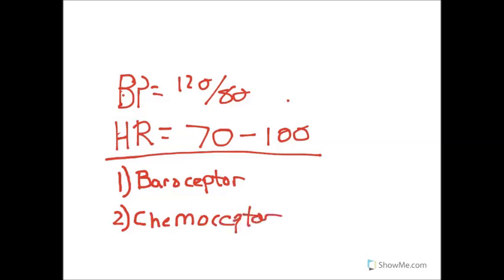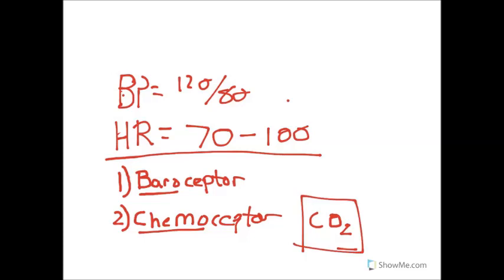Now, baroceptor, of course, is pressure. Chemoceptor is measuring chemicals, such as carbon dioxide, things like that. We'll look at another video on that, but we'll be worrying about carbon dioxide levels later on in another video.